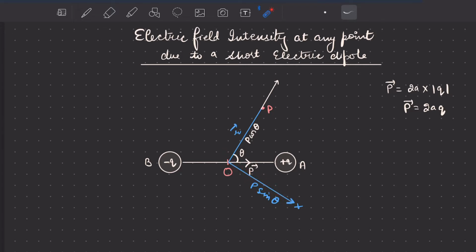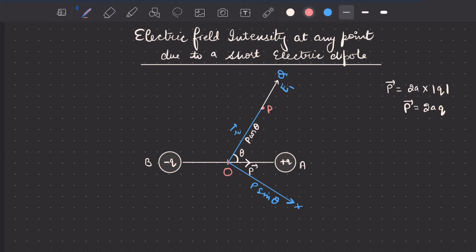Now if we clearly observe, this point P is lying on the axial line of component p cos theta. Therefore, the electric field because of component p cos theta will act along the extended line OP. Let us take this distance as Q, that is OQ, and the electric field intensity because of the p cos theta component will be along PQ and will be written as E1.